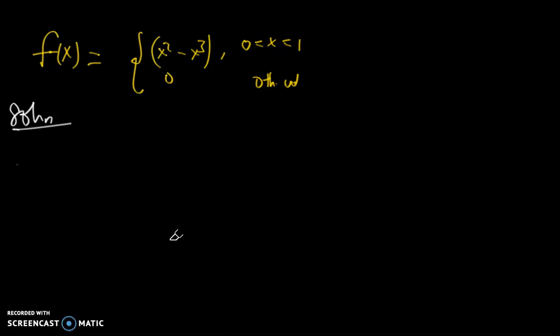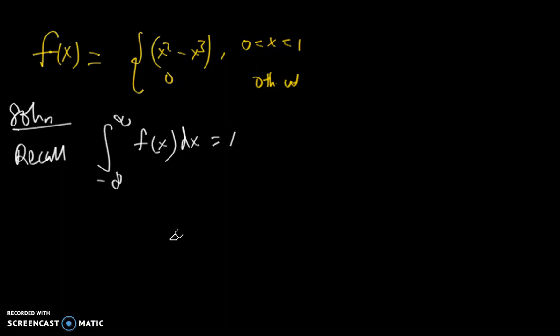Recall that the integral from negative infinity up to positive infinity of this function f of x dx must be equal to 1, as per the rule of probability functions.